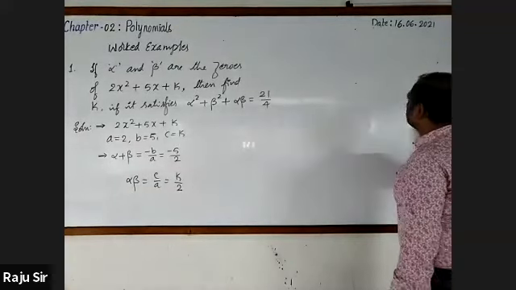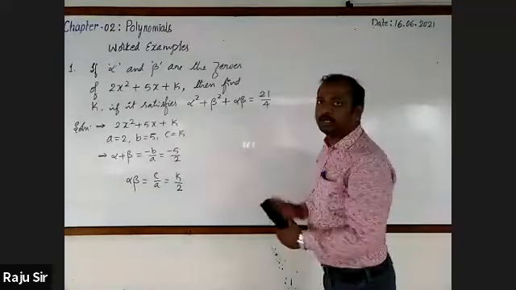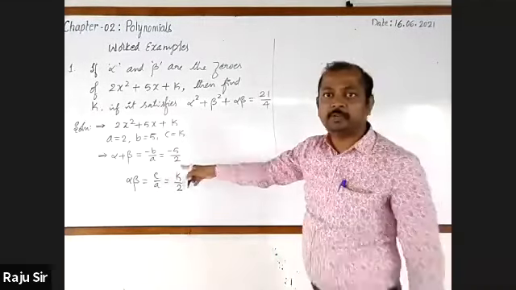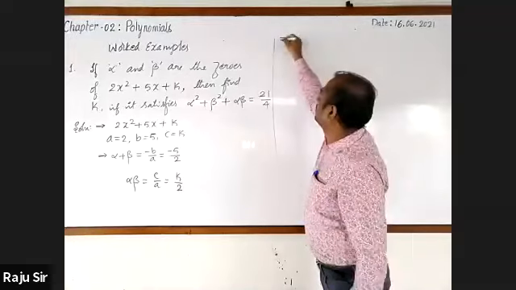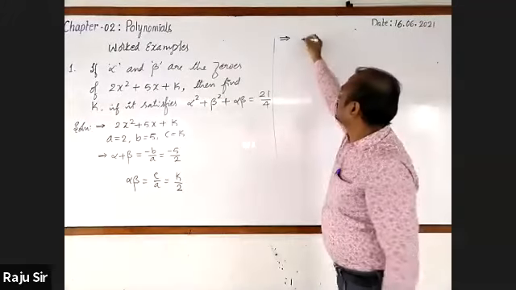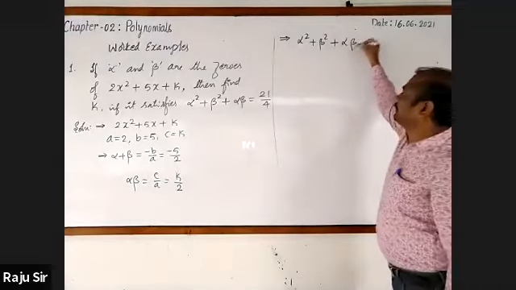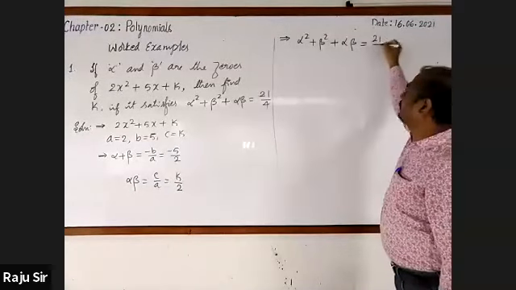We got both sum and product. Now look at it. This given statement should be expressed in alpha plus beta and alpha into beta. It is alpha square plus beta square plus alpha beta equal to 21 by 4.